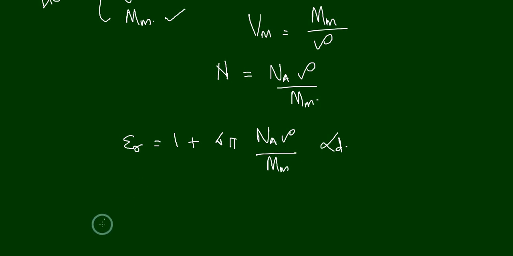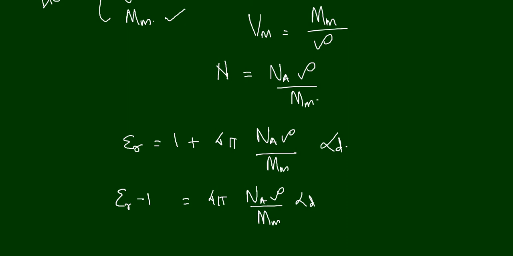We can write epsilon r minus 1 is equal to 4 pi Na rho divided by m into alpha d.